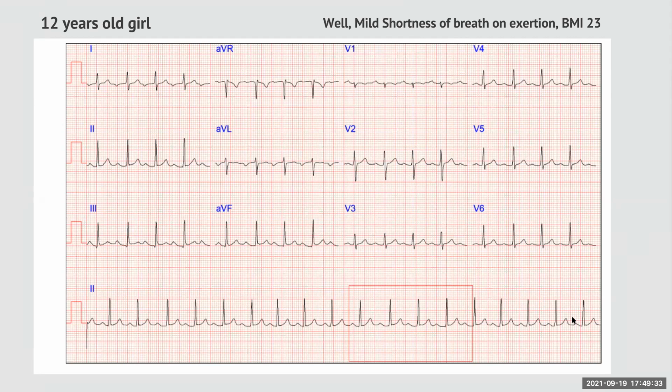Then you look at the inferior leads. The P wave is upright here, positive in 2, 3 and AVF, which is a sign that it is generated in the top chambers of the heart. Now, what I want you to look at is the PR interval here. Around 0.2, I think. Yeah. So do we expect this in a 12-year-old girl?